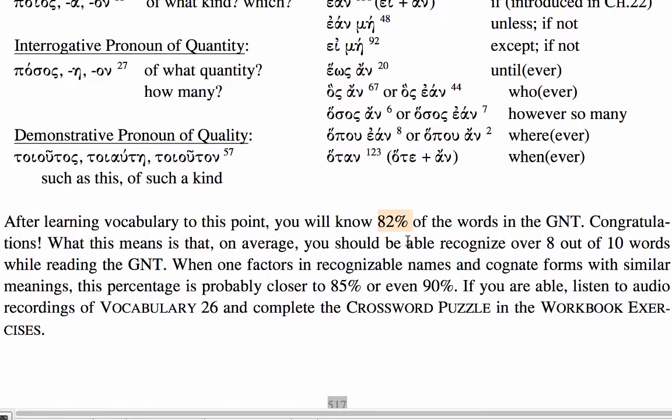Now, I actually think that you'll recognize more than that if you've been following and understanding morphology of words, how words are formed, and prefixes and suffixes, because there's a lot of combination of these forms that you've learned so far, prepositions that are added onto verb stems that you've already learned, and the combination will be obvious to you in terms of the meaning. So I think that you will probably be able to recognize closer to 85, even 90% of the Greek New Testament. So that's a great accomplishment.